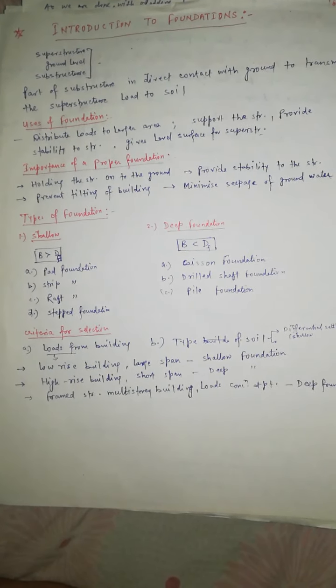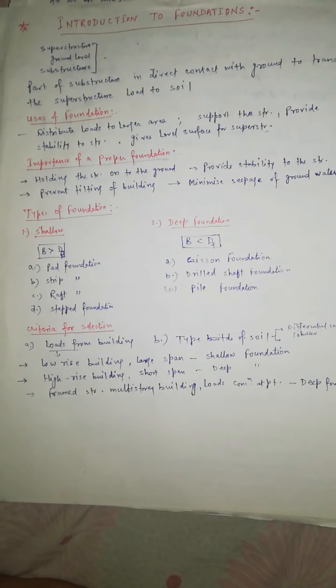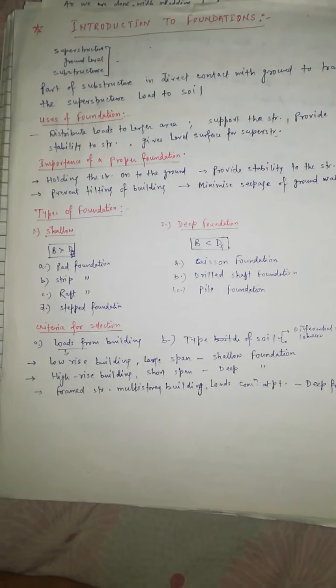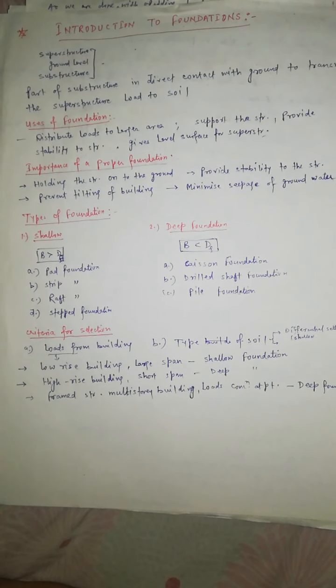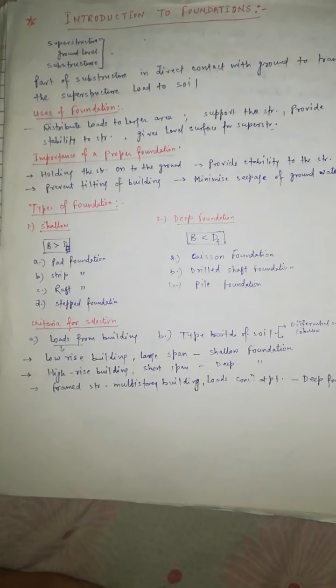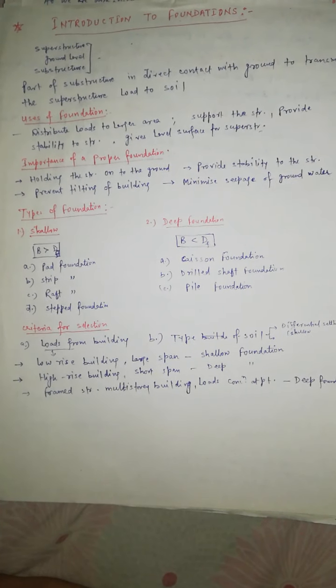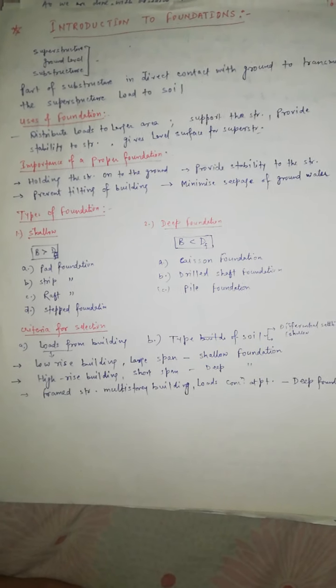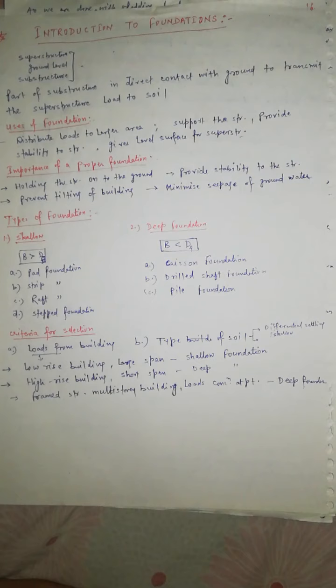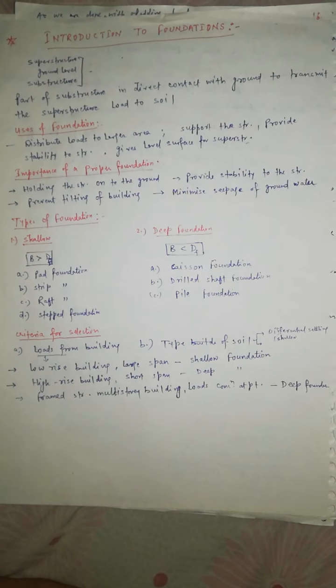In shallow foundation there are four types: pad foundation, strip foundation, raft foundation, and stepped foundation. In deep foundation there are three types: caisson foundation, drilled shaft foundation, and pile foundation. Basically, deep foundations are used where the soil is unable to bear high load.